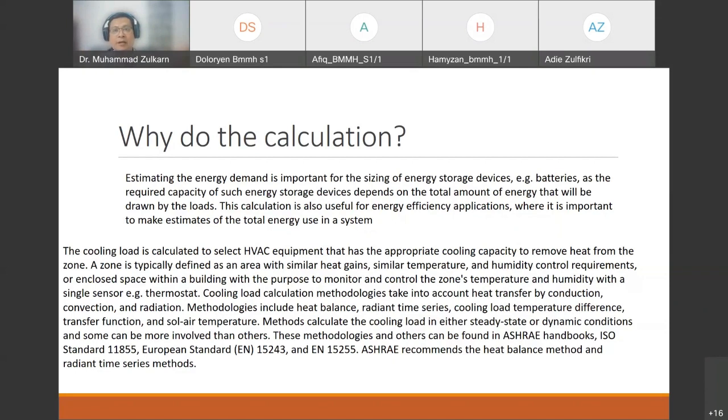What are the parameters that act against the temperature demand? Heat can come from devices, from convection, and radiation can come from the wall.